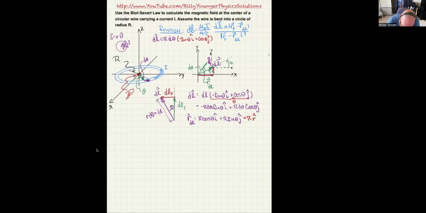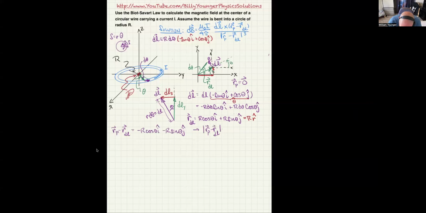So I can automatically say that R_P is equal to the 0 vector, and that gives me that R_P minus R dl is just equal to 0 minus R cosine theta I hat minus R sine theta j hat. That means the magnitude of R_P minus R dl, which hopefully you can realize is just the magnitude of R dl.